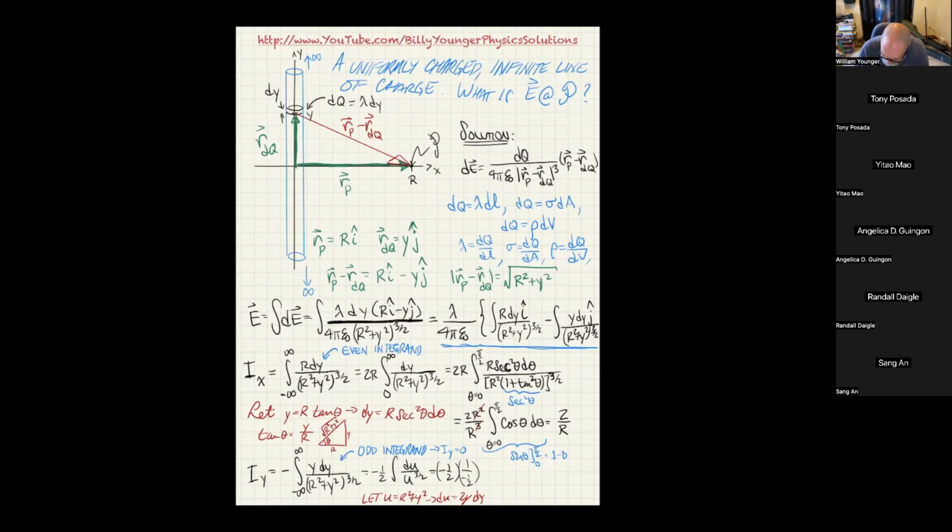So you see that part cancels out. And now I'm going to get 1 over square root r squared plus y squared, because that's u to the negative 1/2.